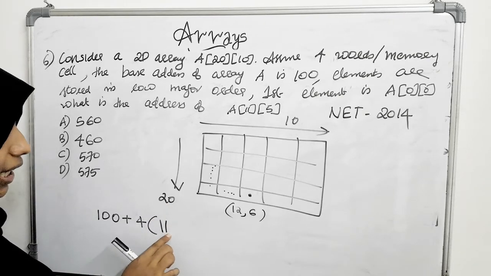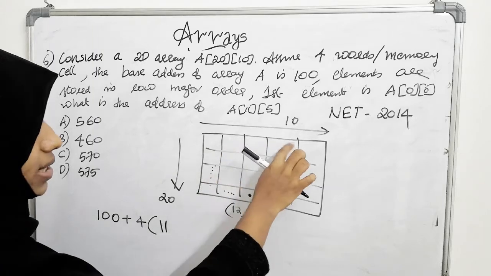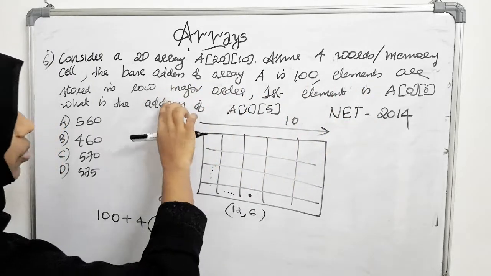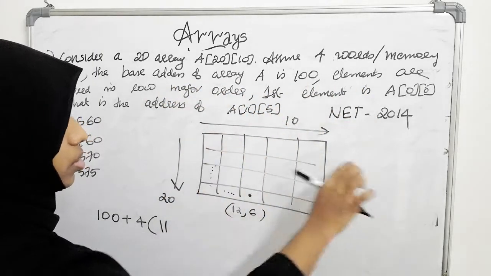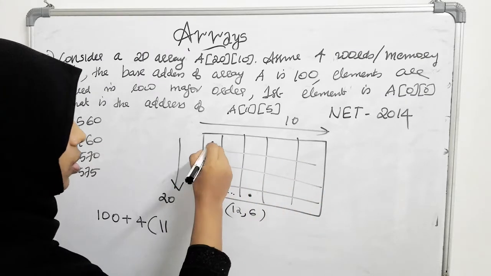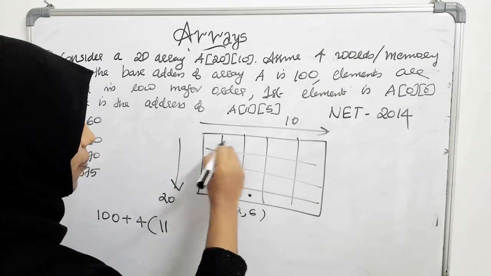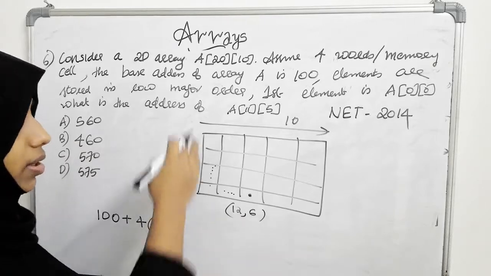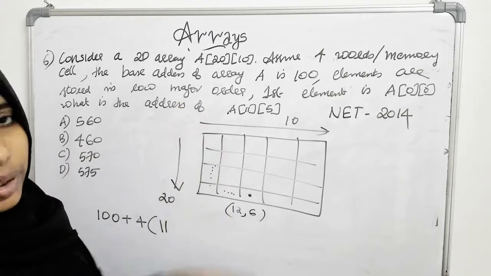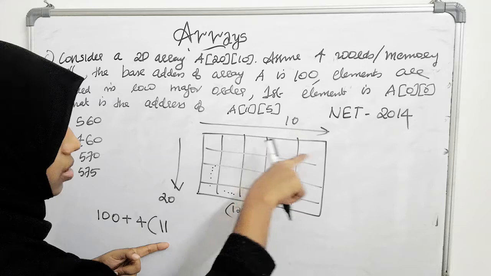Each of the 11 rows contains 10 cells. See, the elements are stored in row major order, so it goes horizontally, row by row. There are column major orders as well, in which elements are stored column by column. In this case, it is row major order.